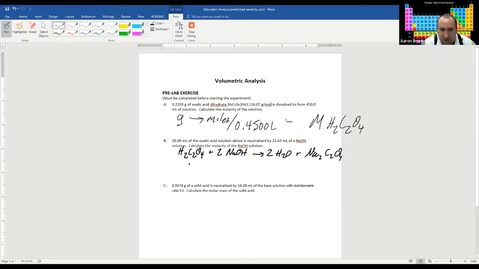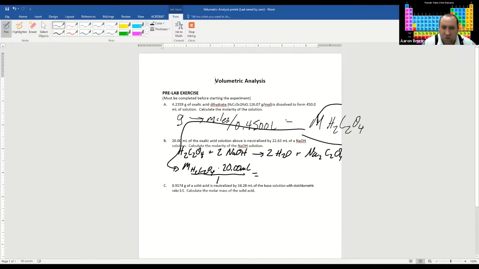But aside from that, everything else kind of fits what we've been doing in the other examples. Now, the molarity of the oxalic acid, that is going to have to be substituted down here.